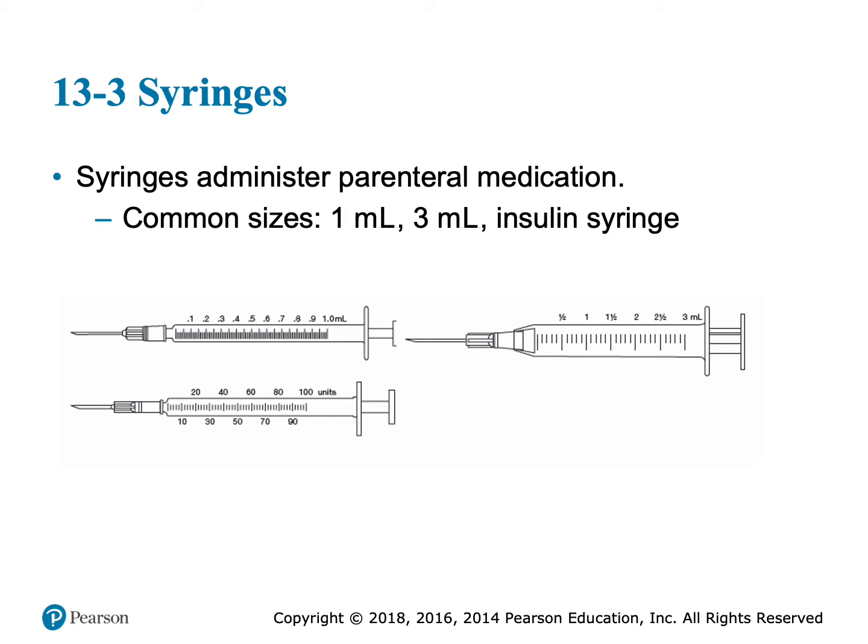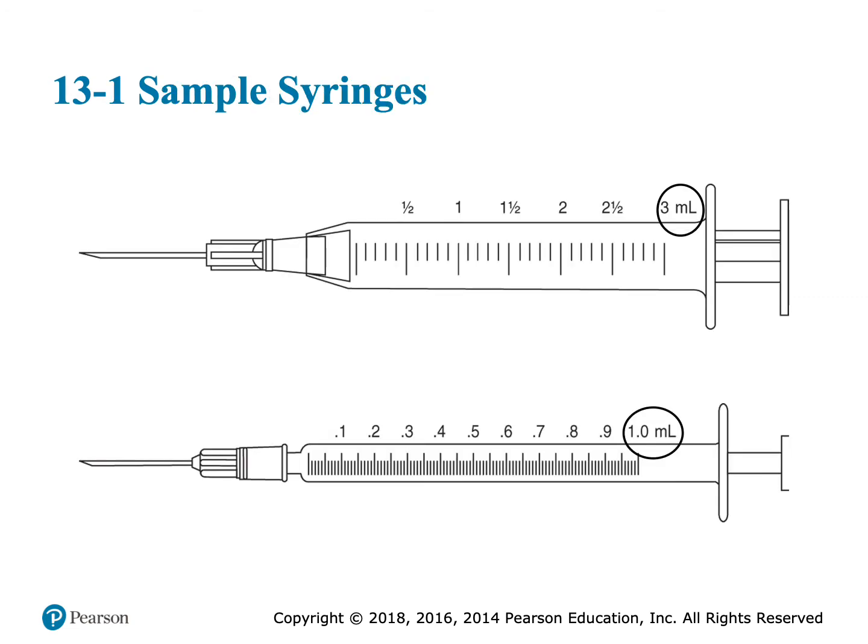So this is used for insulin of at least 50 units, but less than 100 units, or equal to 100 units, right? All right, so let's take a peek at these two syringes. Note that they are measured in mLs. All right, it's circled there for us. The top one holds 3 mLs, and the bottom one holds 1 ml.